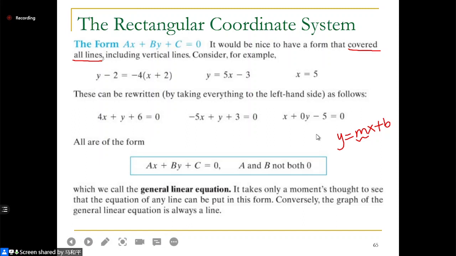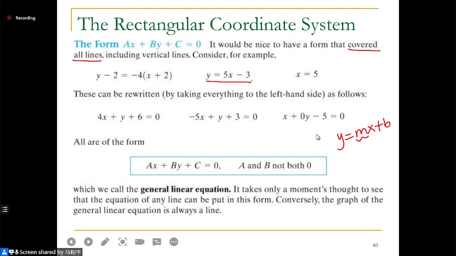Okay, so we consider, for example, a line in point slope form, which we can simplify as y is 5x minus 3.